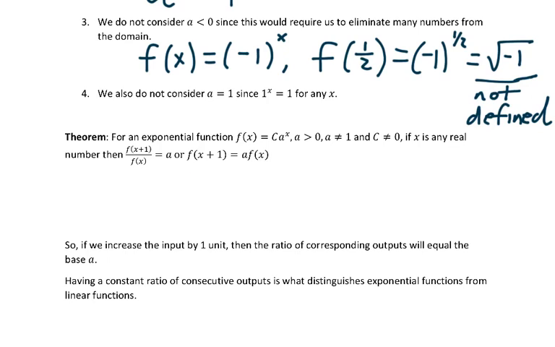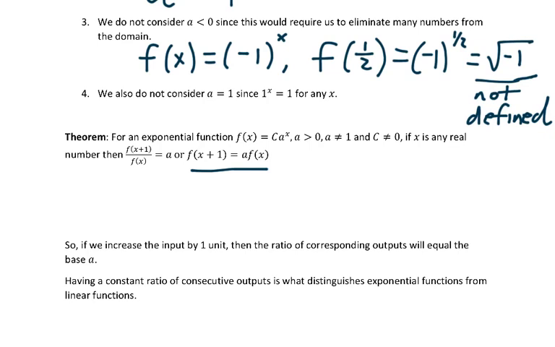If you do f of x plus 1 divided by f of x, you're going to get back that base a. We'll see how we can use that later on if we have a table of values that we know is an exponential function. We can get the base back using this theorem.